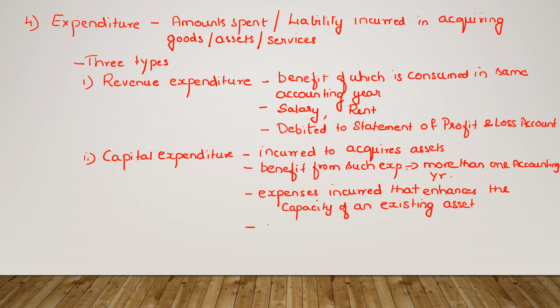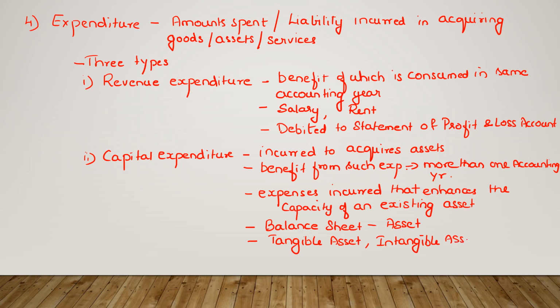Now these types of expenditures which are called capital expenditure would be shown in the balance sheet on the asset side. And it can be on the basis of asset we have already discussed previously. It can be a tangible asset like in the case of our example, computer, furniture and fittings, both tangible assets, or it can be in the form of an intangible asset.